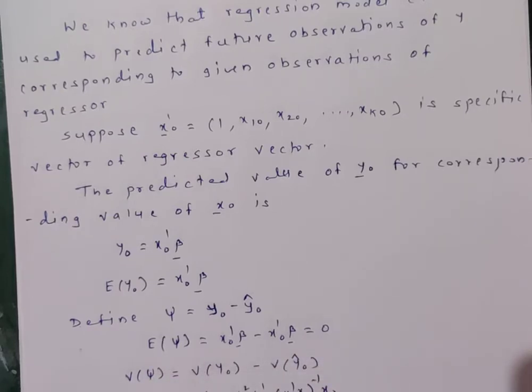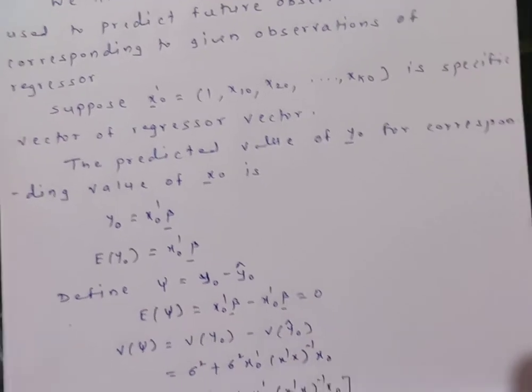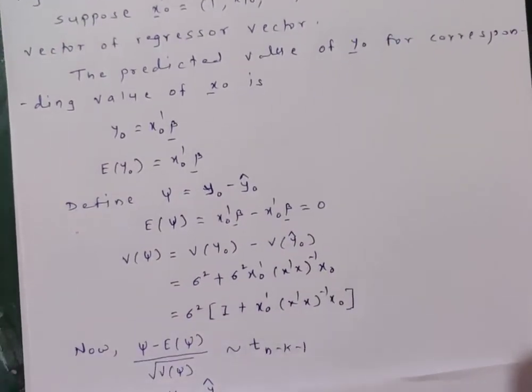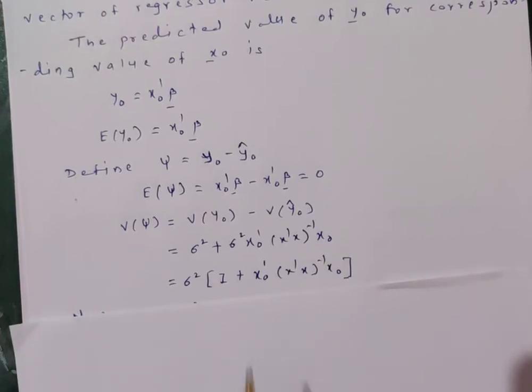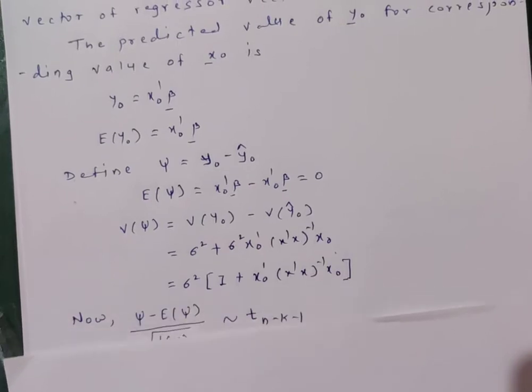The variance of psi is the variance of y0 plus the variance of y0 hat, so the value is sigma square plus sigma square x0 prime (X prime X) inverse x0. Since sigma square is common, this equals sigma square into the bracket 1 plus x0 prime (X prime X) inverse x0.